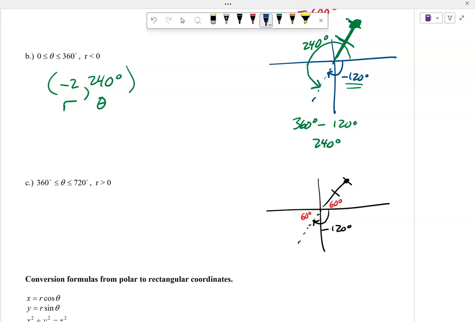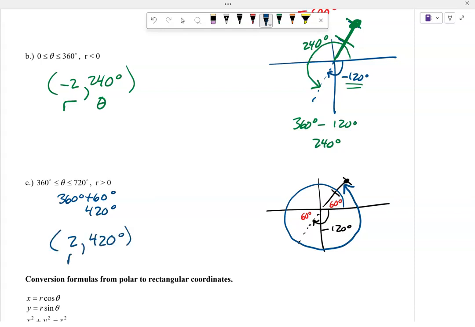So if I'm trying to find how many times I go around more than once, then that'll be 360 plus that 60 in red. That's 420 degree angle. So I want a positive 2 on that. Positive r. Okay.